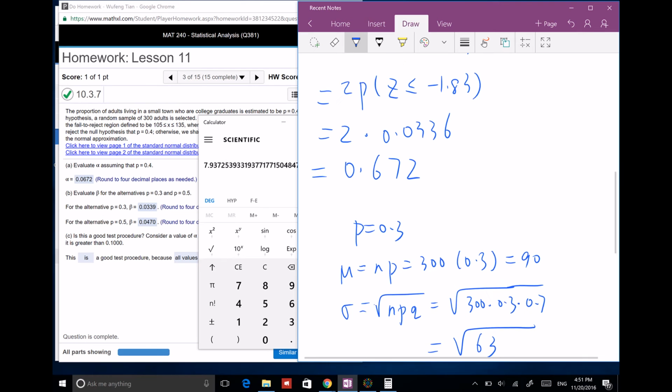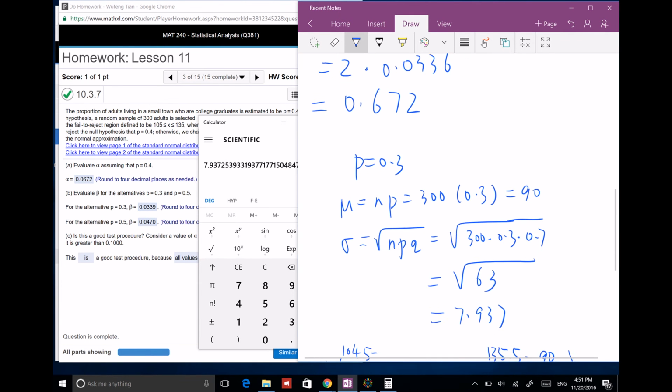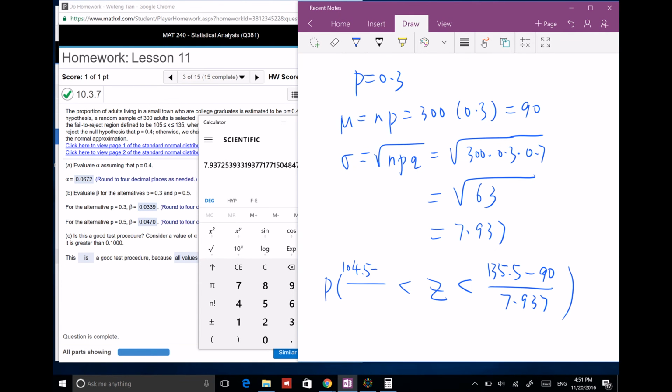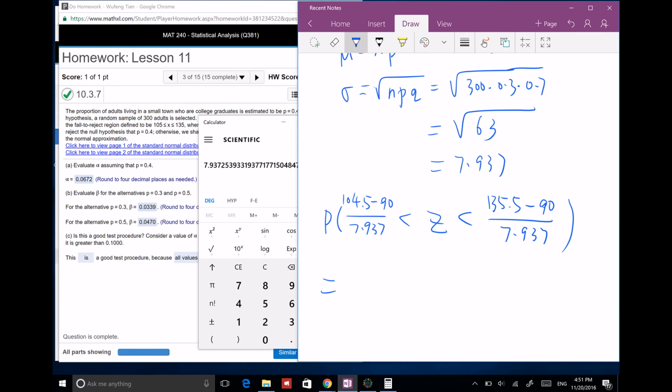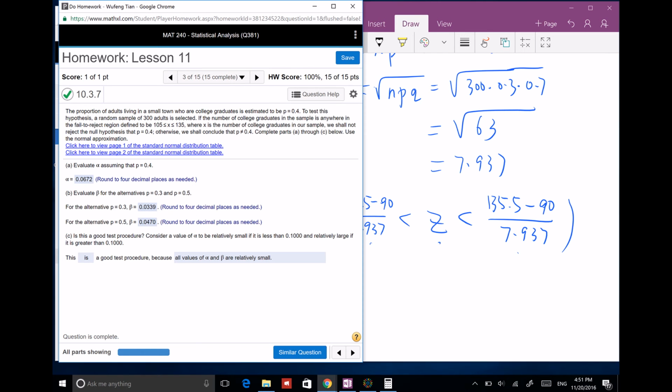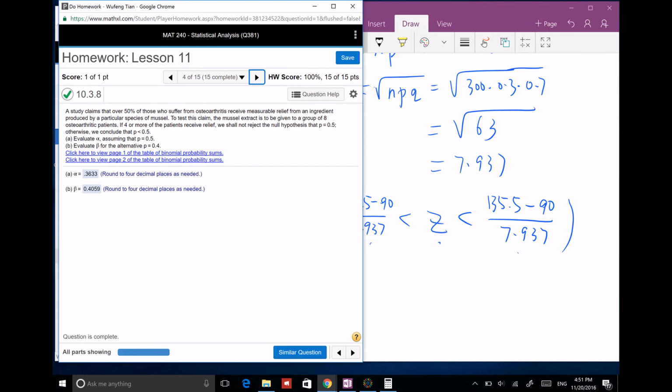Okay, you have to do 1 minus, what is that? 90. Yes, 90 divided by 7.937. Okay, and then you find that is probability B, and find a z score and find out the probability. You got that. Okay, so let me continue the next one.